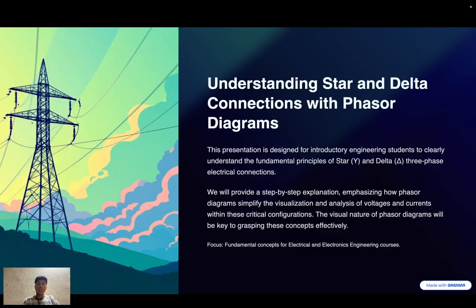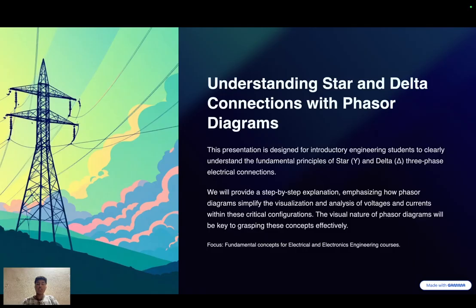However, three-phase systems can be connected in two distinct ways: the star connection, also called the Y connection, and the delta connection, also known as the mesh connection. Understanding how these two configurations work, and especially how their voltages and currents relate through phasor diagrams, is essential for every electrical engineering student.